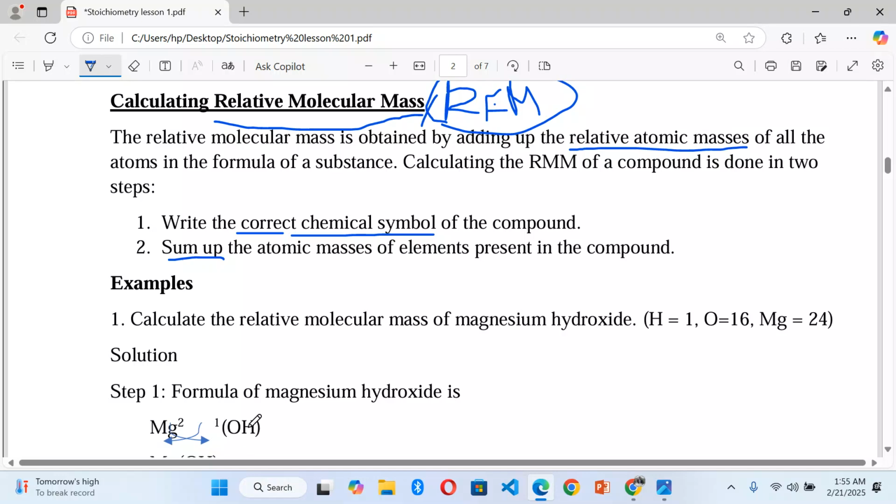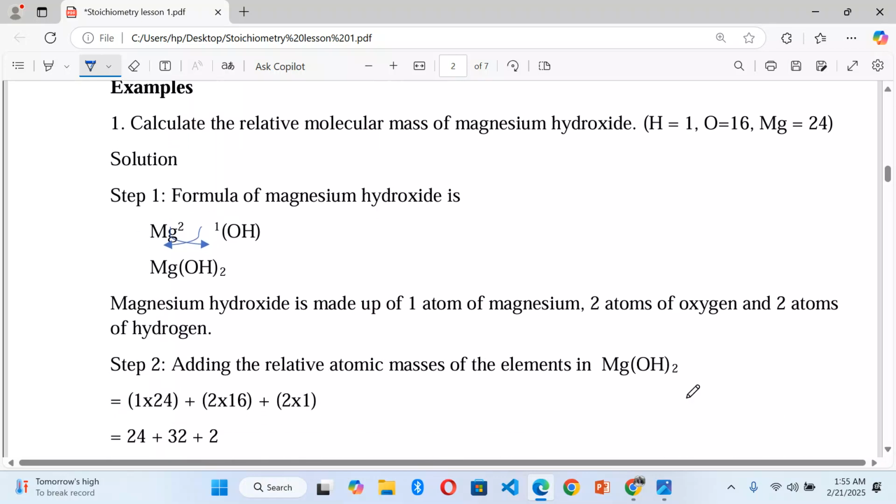So what we do is to put the valence. We assign the valence of magnesium. The valence of magnesium is 2, that's why we see a 2 here. And then assign the valence of hydroxide, which is 1. After assigning the valence, we interchange these valences.